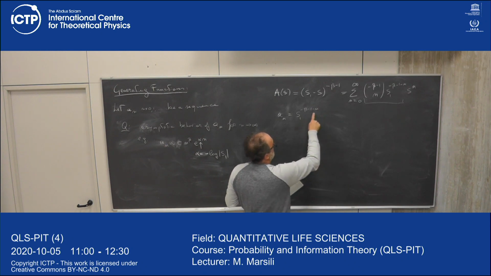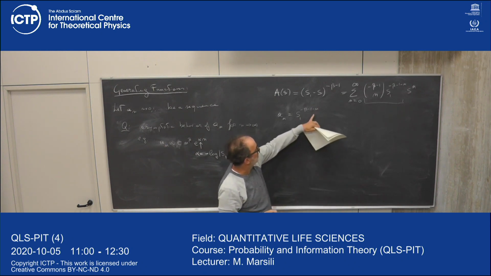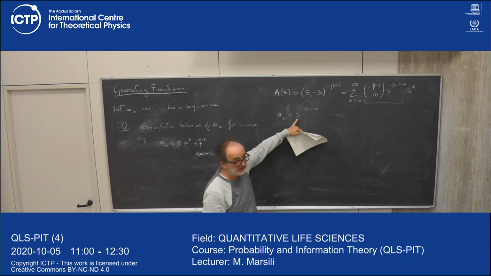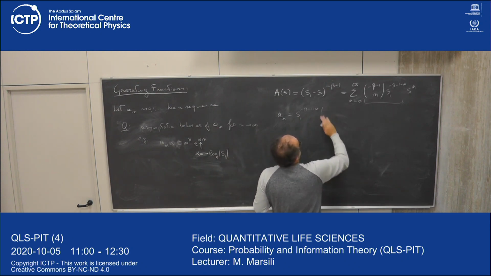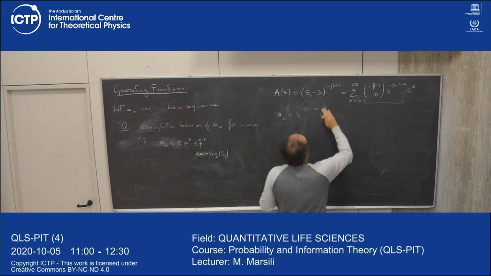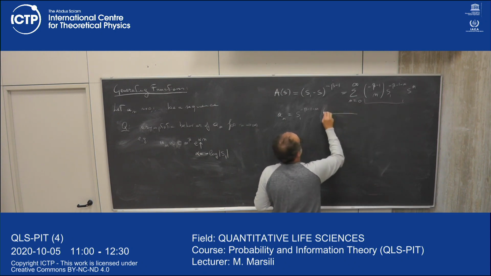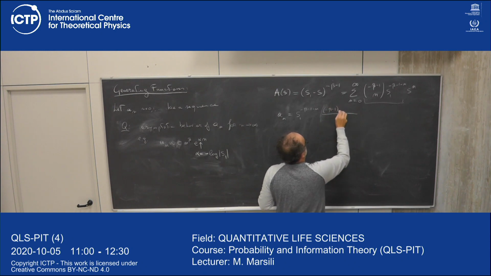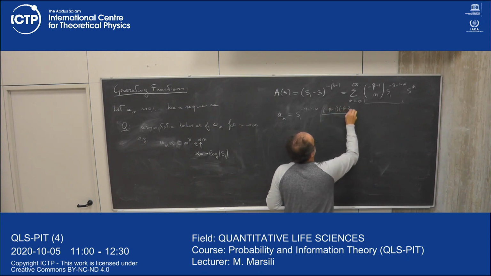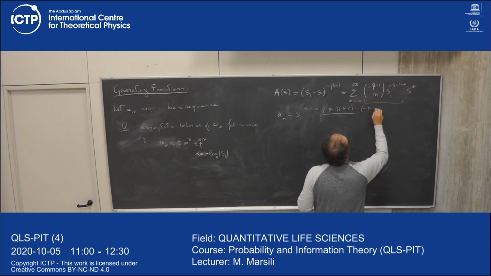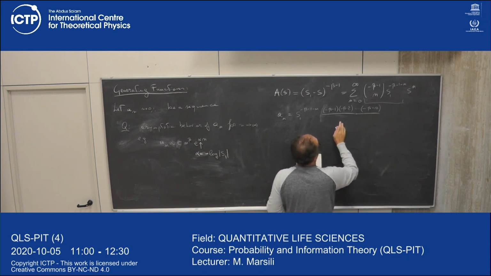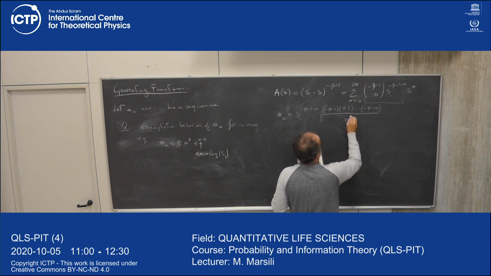Again, you see that the leading exponential behavior will be related to the closest singularity to the origin. And then you have this binomial coefficient. So let me expand this as usual: minus beta minus 1, minus beta minus 2, etc., minus beta minus n, and this is divided by n factorial.